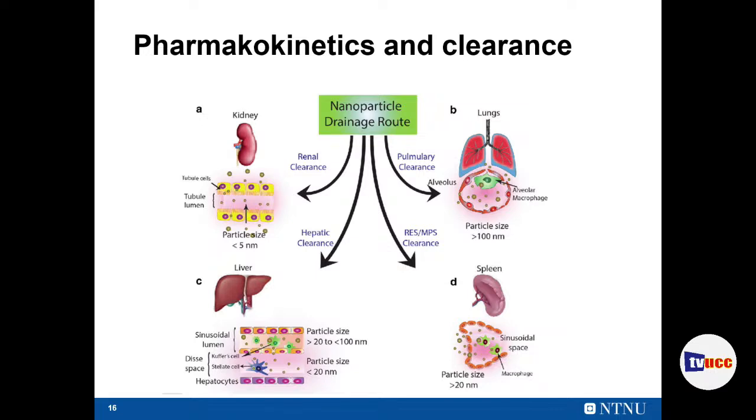And if it's really large particles, then they will be cleared out by the lungs. Also the spleen has some particular cells that will clear out particles in the range of 20 up to some 100 nanometers. That was a little bit about how particles will be secreted.